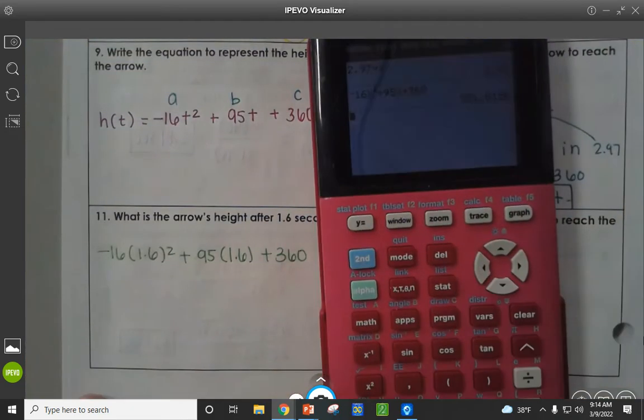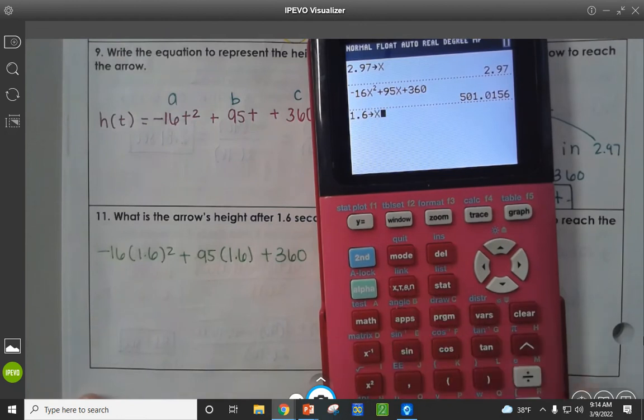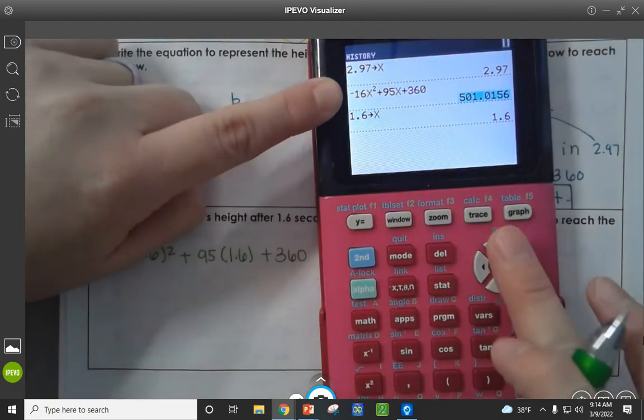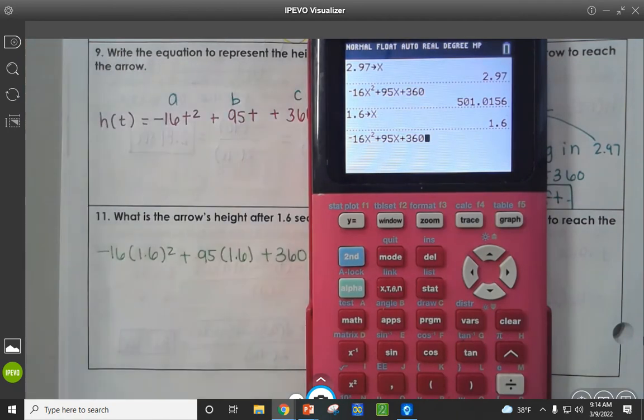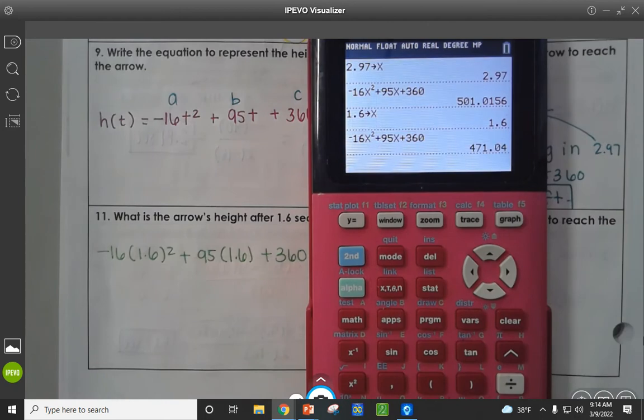So now I'm just going to do 1.6 store x, and then I can go back and just get this equation. I don't have to retype it. That's another good thing about using the store button, if you're using the same equation multiple times. That's what I did.